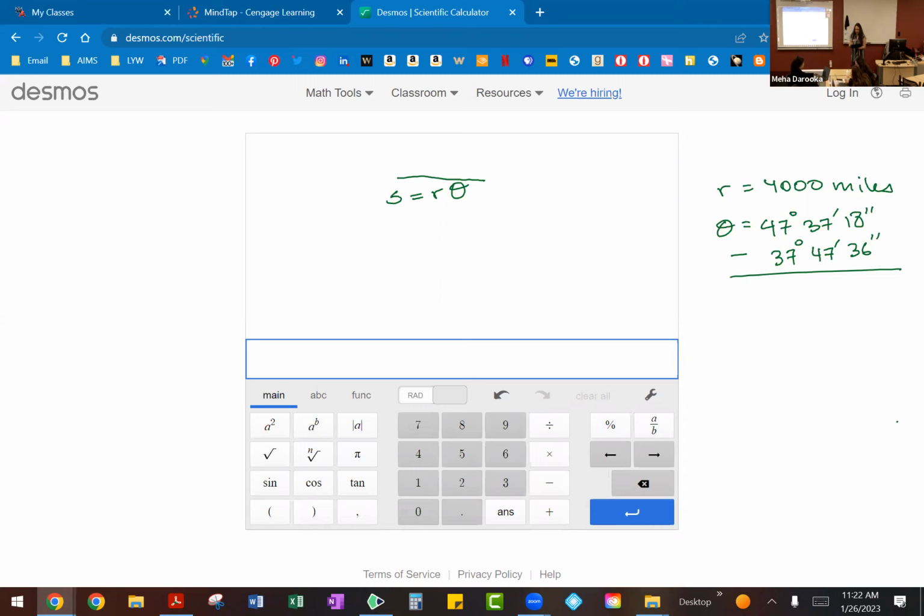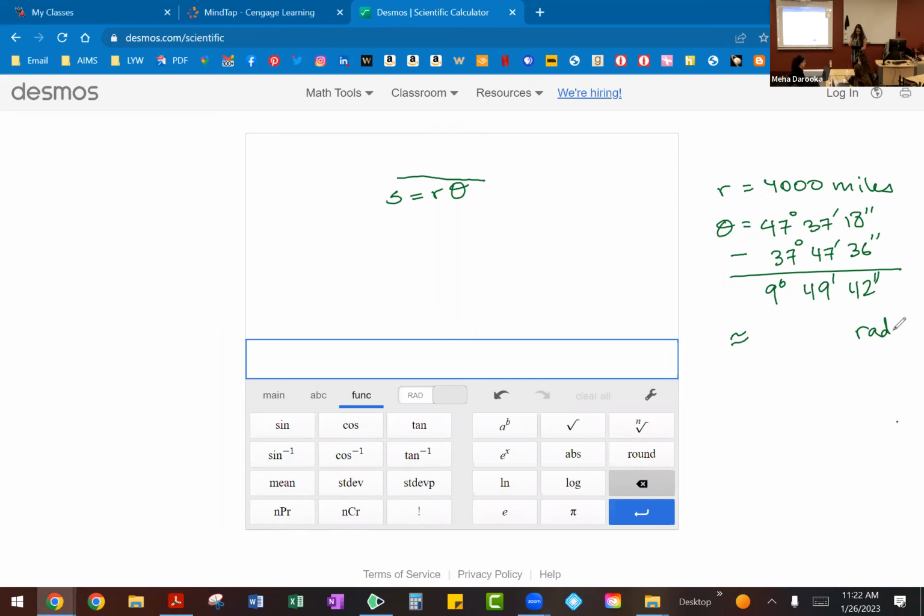All right, tell me that again, 9 degrees, you said? 9 degrees, 49 minutes and 42 seconds. Okay, let's convert that into radians. Now, again, you can use a calculator to convert this into radians.